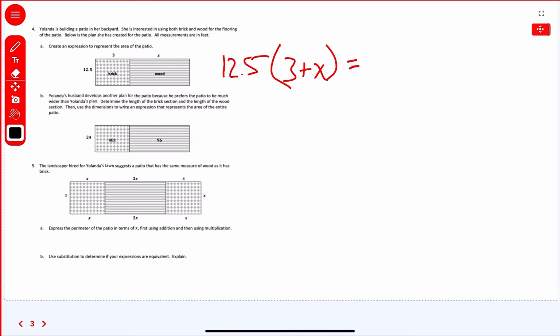Or, what would we say? What does that equal? Right, so that would be 37.5 plus 12.5x.